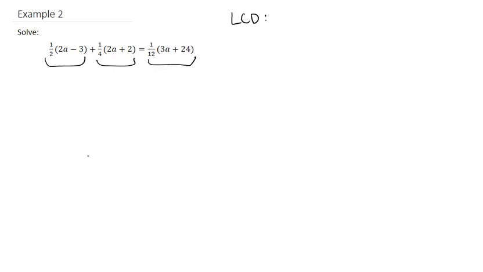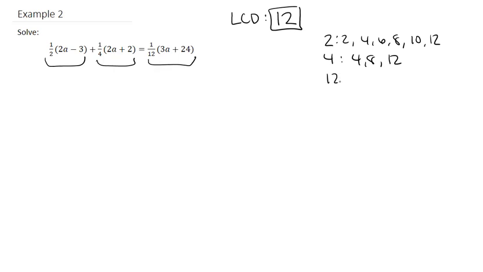For this one, it's going to be 12, because the multiples of 2 are 2, 4, 6, 8, 10, 12; for 4 it's 4, 8, 12; and 12 is just 12. So the first one we have in common is 12.